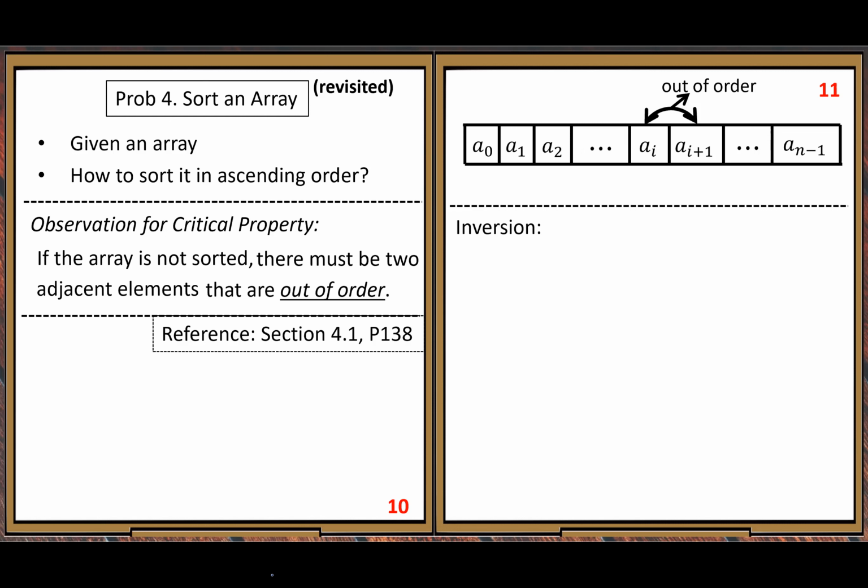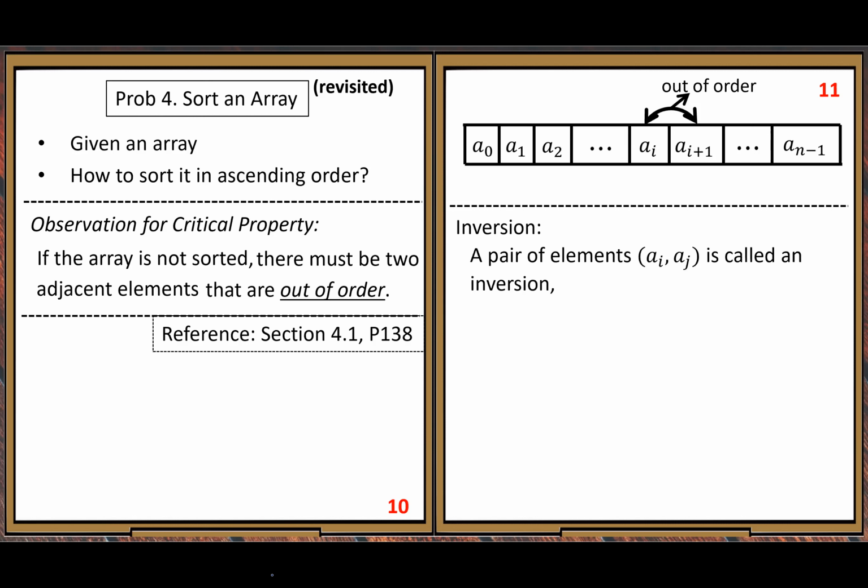Now, in order to do a complete discussion based on this observation, we want to learn a new concept, the inversion concept. So what is an inversion in an array?